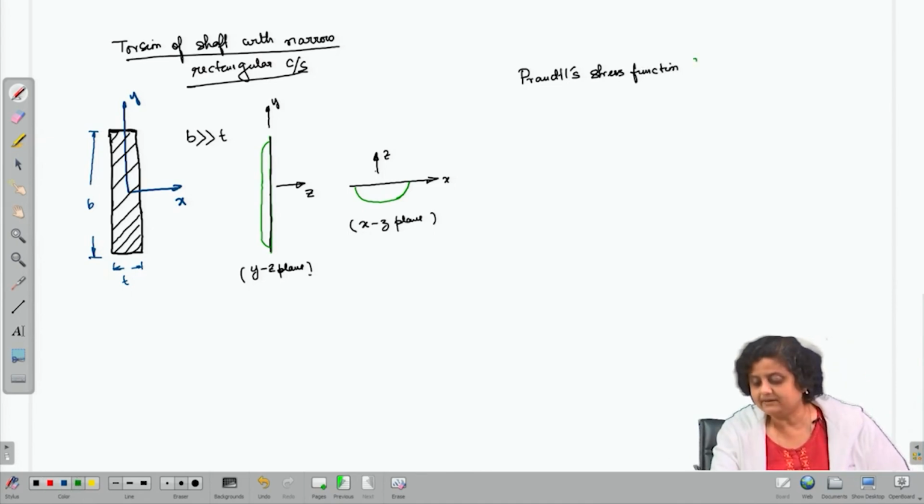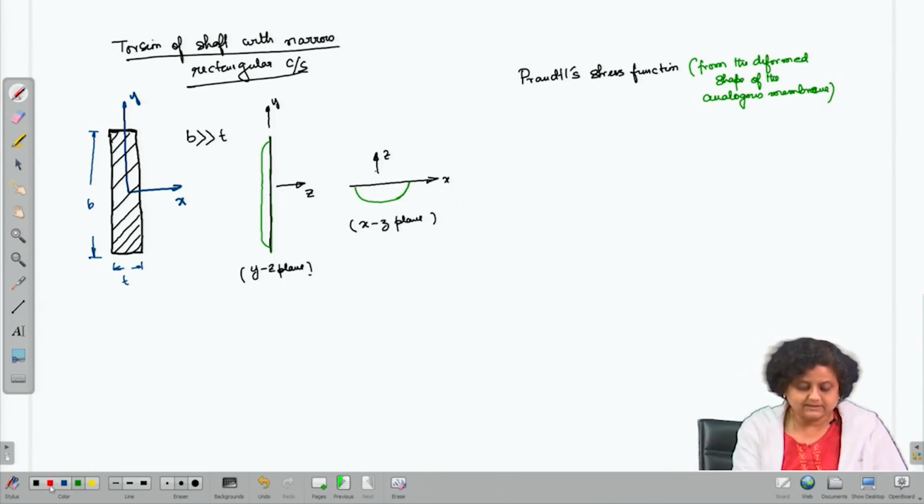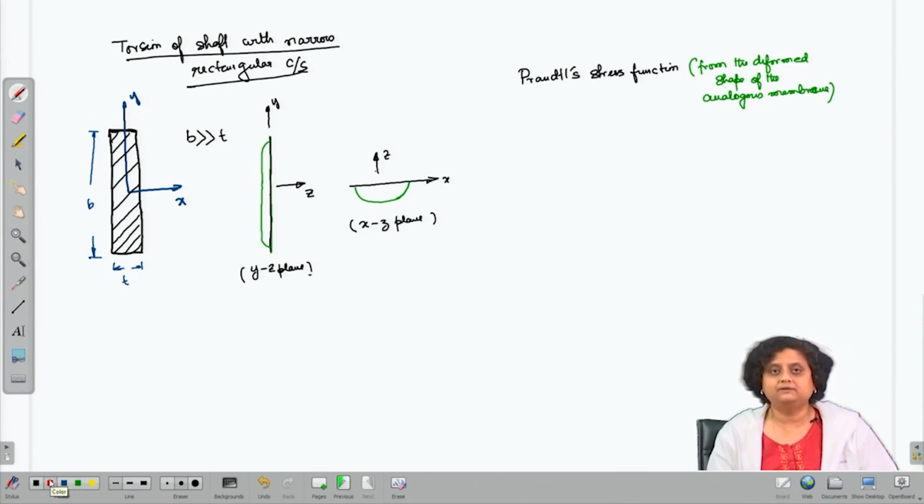So, we are trying to find out the Prandtl stress function from the deformed shape of the analogous membrane. Before we imagine, let us first try to approximate this deformed shape.